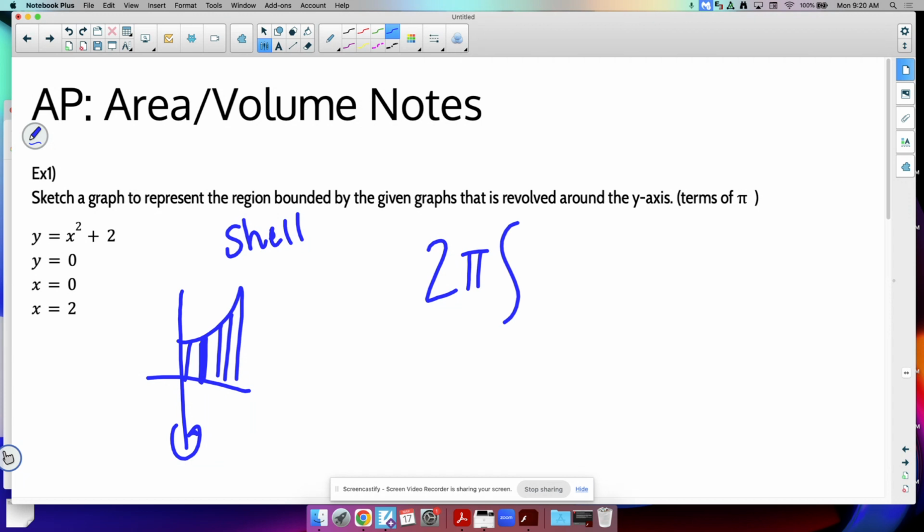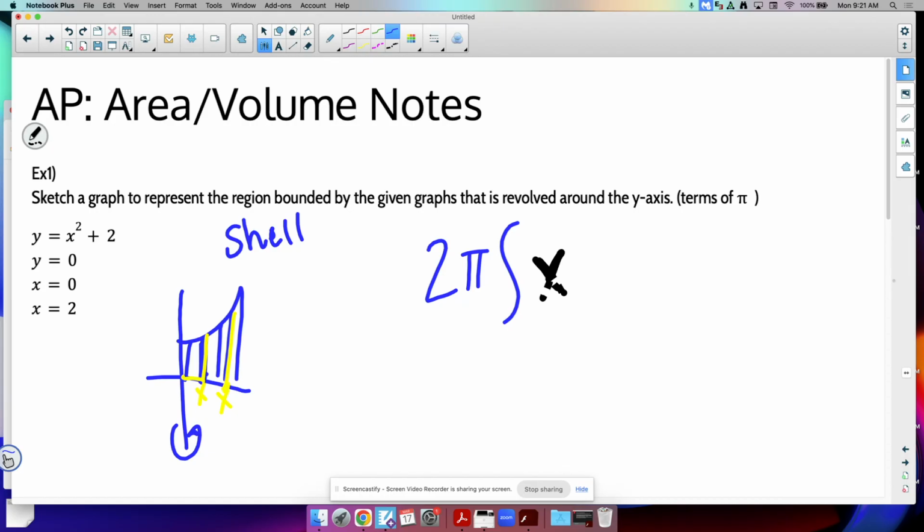X is how far you are away from the axis. Take any random line, like this one right here. Do you agree it's its x value away from the axis of rotation? It doesn't matter where I put that line, however far away it is is always just its x value. So our radius is just an x. That's fun. We'll go with it.